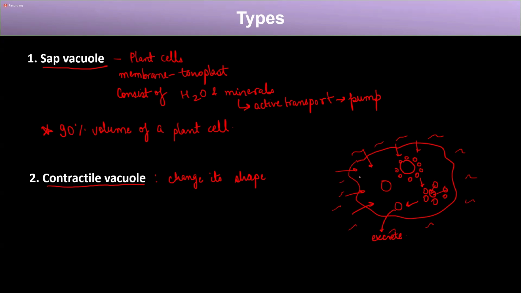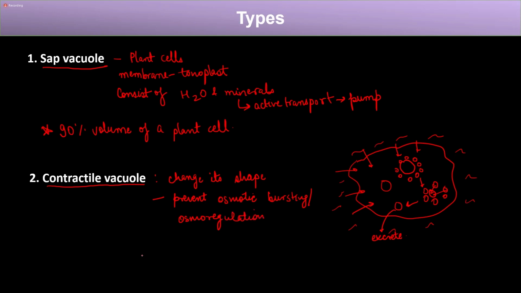Otherwise, due to osmosis, the water would enter and there would be extension in the cell, and the amoeba would burst. So it prevents osmotic bursting, or you can say it causes osmoregulation. So it helps in osmoregulation.